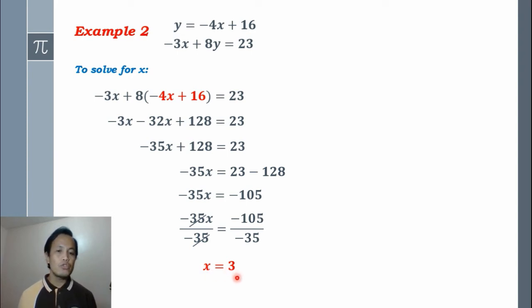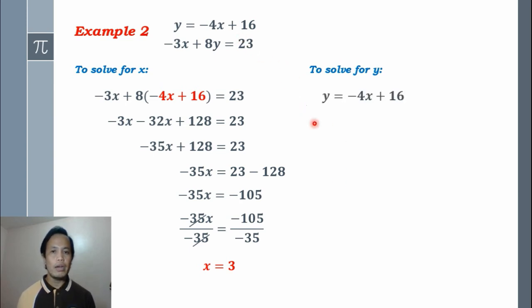This time, to solve for the value of y, we go back to either of the two equations. We can choose equation 1 or equation 2, but for this example, we will use equation 1 to solve for y. Since our x is 3, we substitute this value for x.